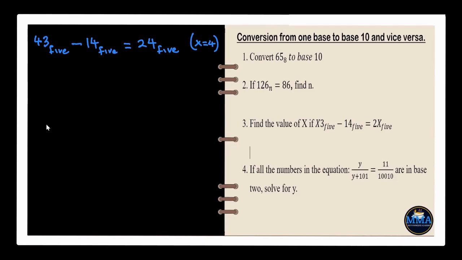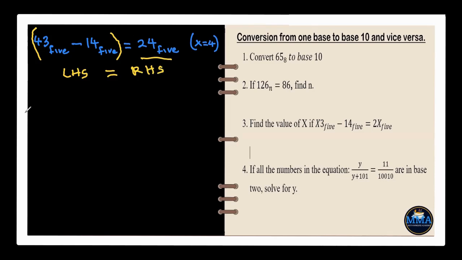So now we want to check if we pick the value of S as 4, will everything inside this enclosed bracket give us 24 base 5? That's what we want to check. So we want to check whether the left-hand side actually produces the right-hand side.